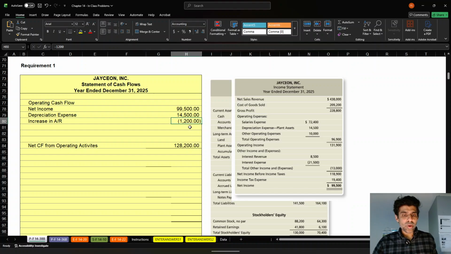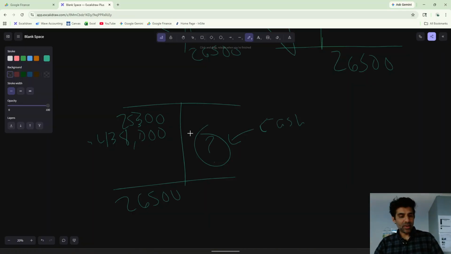So this $1,200 comes from this: 438,000 is how much was showing on the income statement, but really the amount of cash we collected was $1,200 less than that. You can do the math, but it's $1,200 less than this.